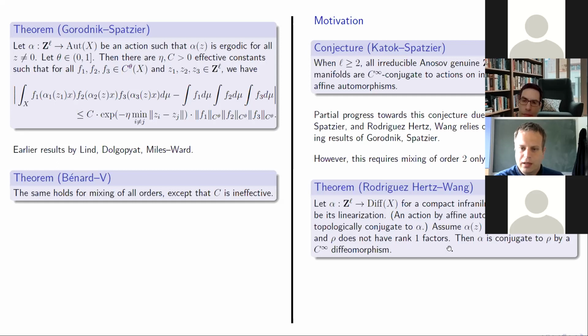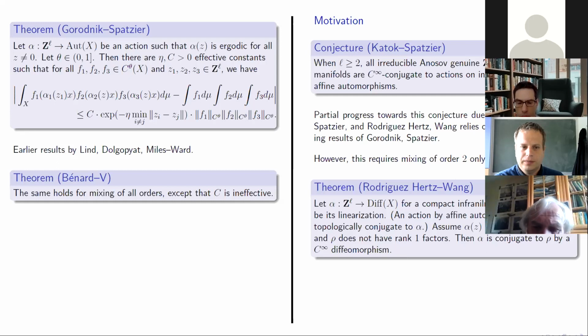Then, if you have this, alpha is conjugate to rho by a C-infinity diffeomorphism. So basically, this establishes the conjecture in the special case when you know a priori that the manifold where you are acting is an infranil manifold.